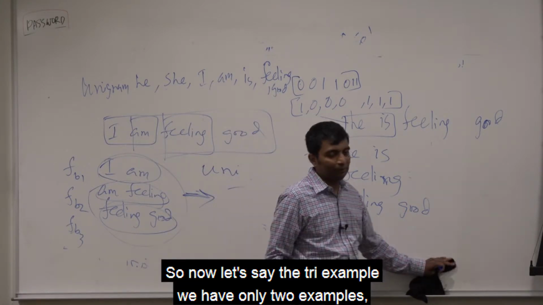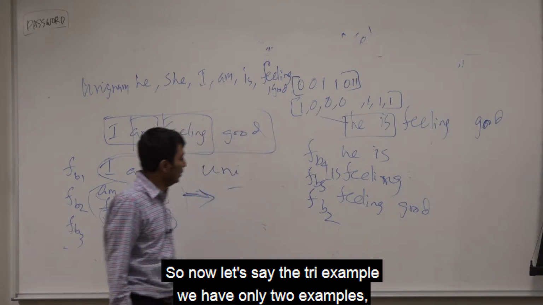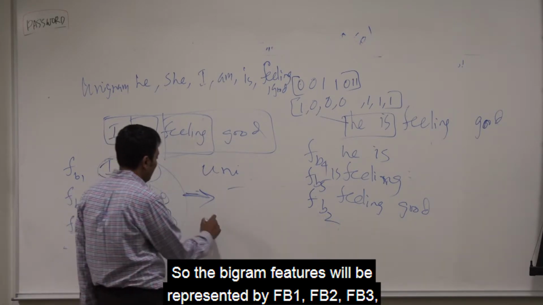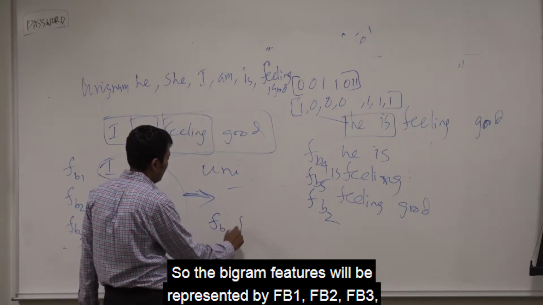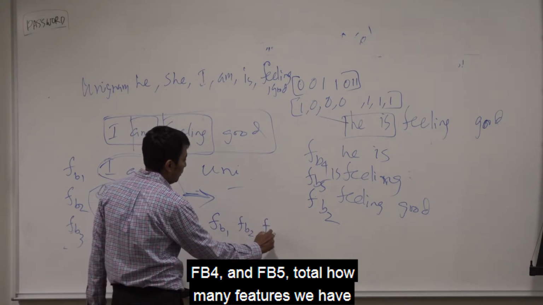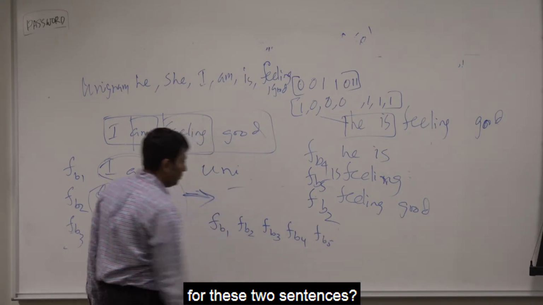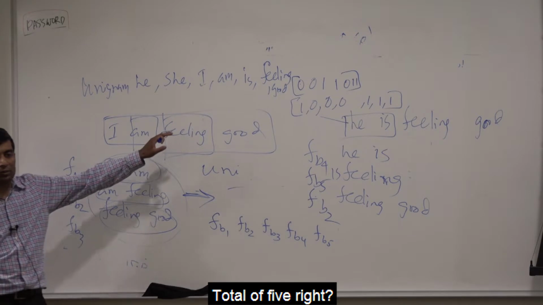So now let's say, as a toy example, we have only two sentences. The bigram features will be represented by FB1, FB2, FB3, FB4, and FB5. Total how many features do we have for these two sentences?